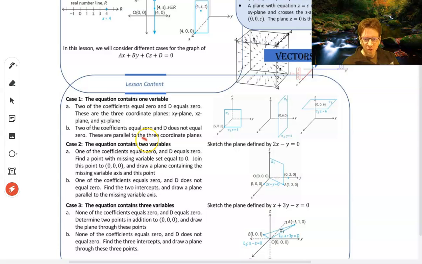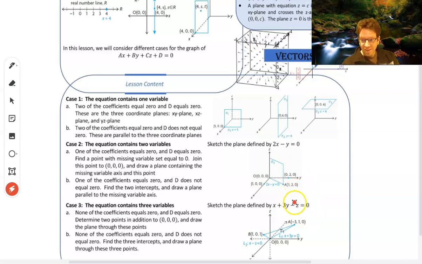Okay, let's get a little bit more tricky here now. Let's say we have 2 variables. So maybe just one of them is 0. And in our first case, we're going to make D 0 as well. What you're going to do is find a point with the missing variable set equal to 0. So, for example, here I have 2x minus y equals 0.